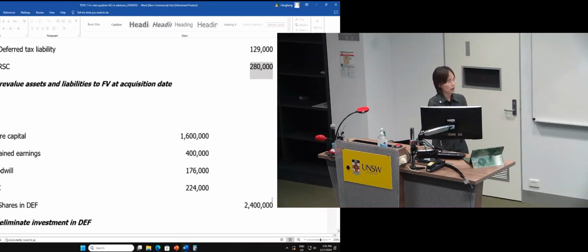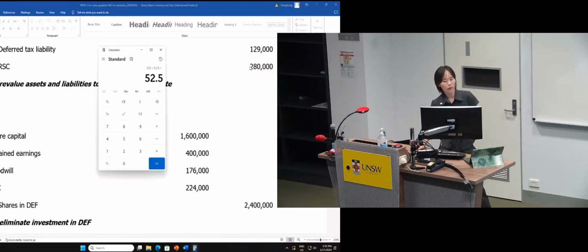Then we move on to look at our pre-acquisition entries. The pre-acquisition entry is prepared every time the consolidation worksheet is used, so this is always required in your worksheet. The purpose of the pre-acquisition entry is to eliminate the parent's investment in the subsidiary against the parent's share of the subsidiary's pre-acquisition equity. The parent's share is based on the parent's ownership interest in the subsidiary, that is 80%, right?